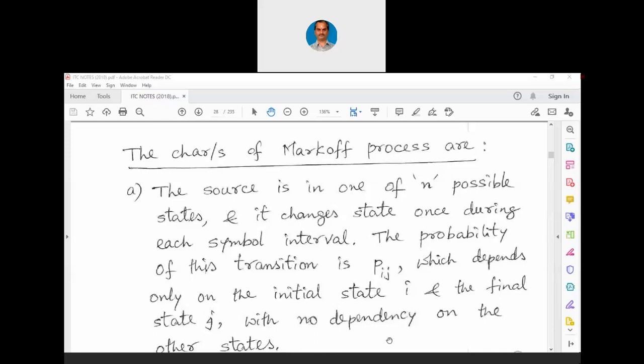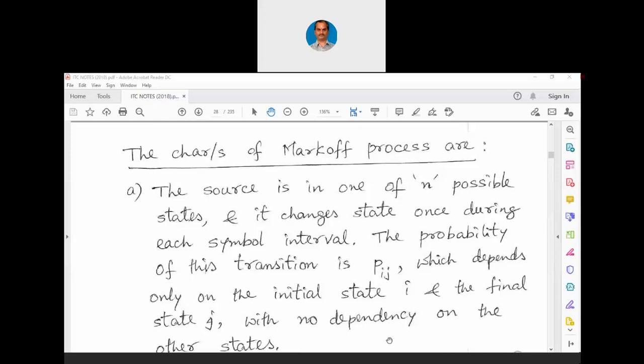Otherwise, if I straight away go into the solution of the exercises, everything will be hodgepodge. Even though it is simply a calculation of multiplication of probabilities and summation, everything is nothing but multiplication and summation in our course. In information theory and coding, it is simply multiplication then summation, multiplication then summation.